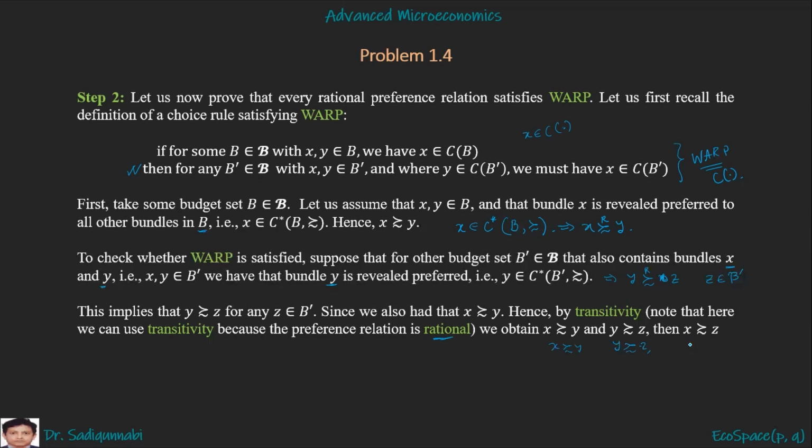Then we can say that X is preferred to Z. That means transitive.